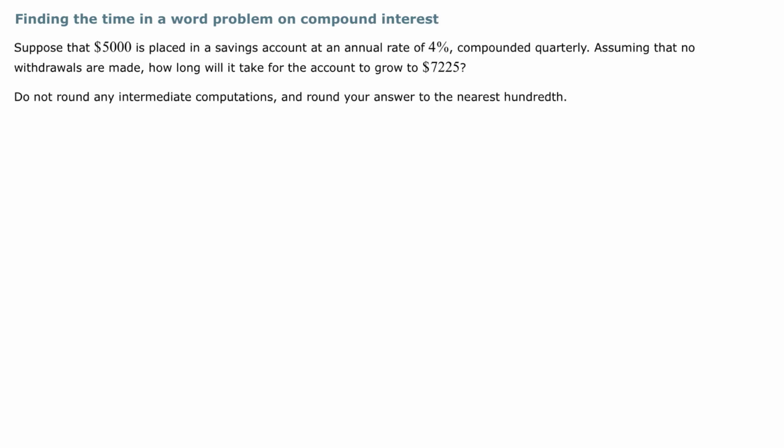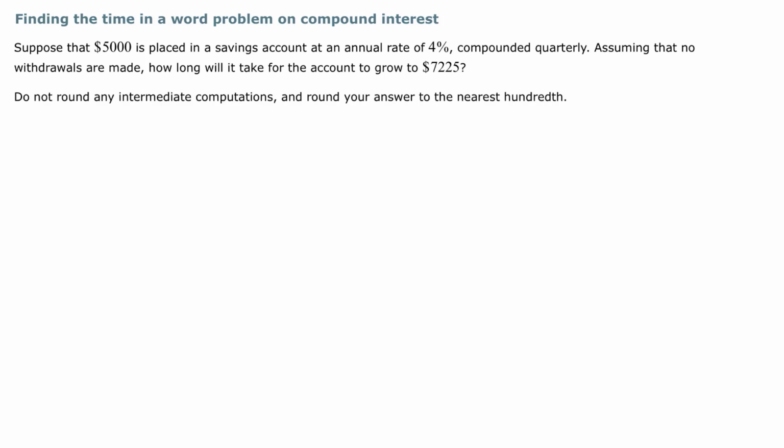Let's invest some money. Suppose that $5,000 is placed in a savings account at an annual rate of 4%, compounded quarterly. Assuming that no withdrawals are made, how long will it take for the account to grow to $7,225? Do not round any intermediate computations, and round your answer to the nearest hundredth. This is a finite compound interest problem.